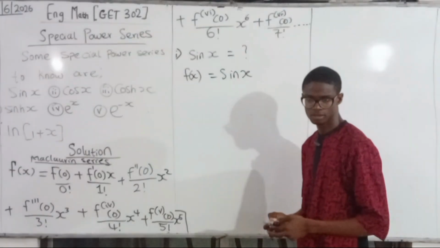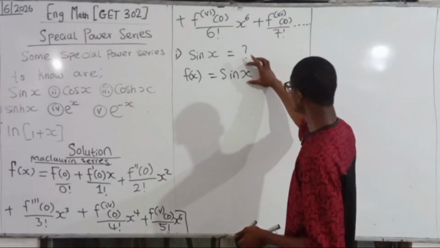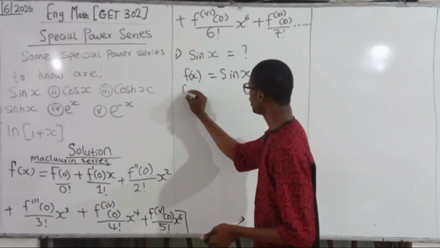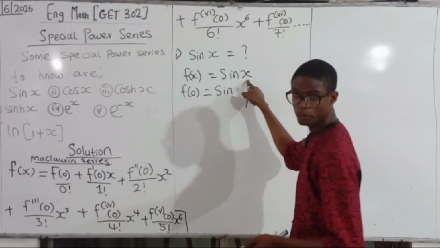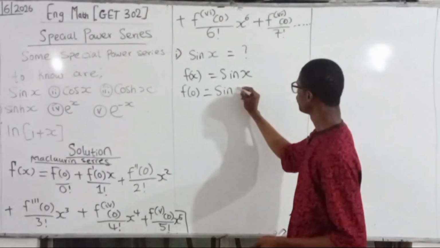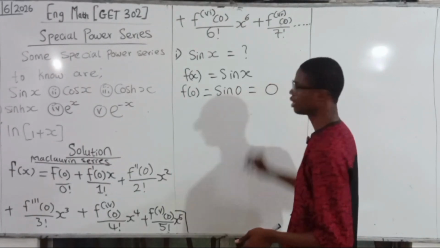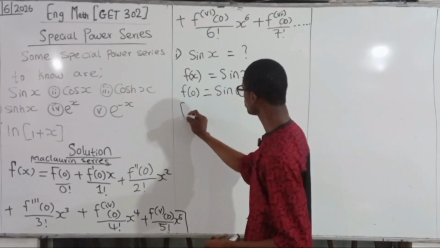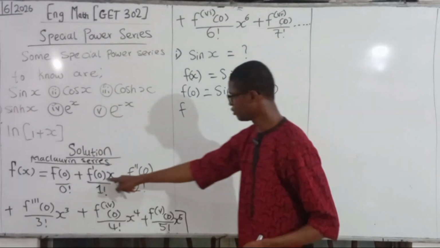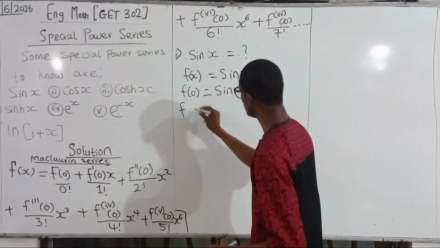Do you understand? I believe you should. So now, if we are looking for f of 0, it means you should put 0 where x is. If you put 0 here, we'll get what? 0.